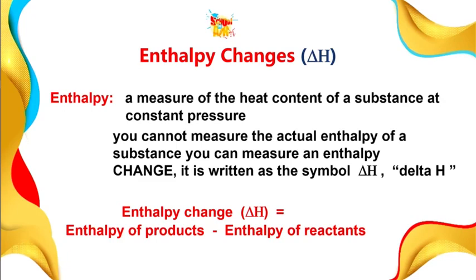That is why it is written as delta H. The symbol in front of H is delta, the Greek letter. Now, the enthalpy change for a chemical reaction is given mathematically as the difference between the enthalpy of the products and that of the reactants. As you can see on your screen, the enthalpy change of a chemical reaction is the enthalpy of the products minus the enthalpy of the reactants.